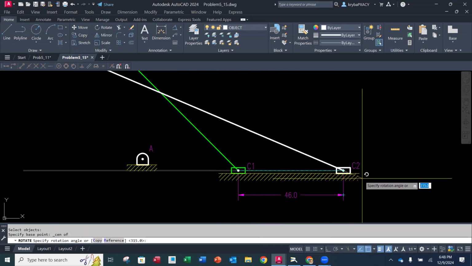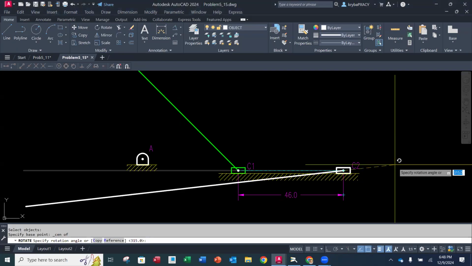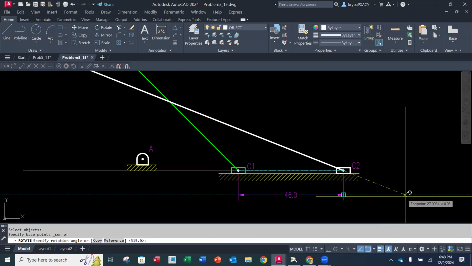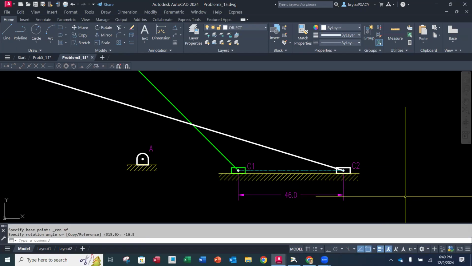This is going to be negative theta N that we just calculated, 16.9. Make sure it's in there correctly. Negative 16.9. Enter. There we go. Now I've got an intersection. That is where my A is. That is where A goes.